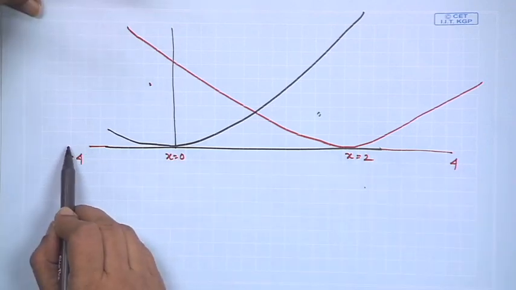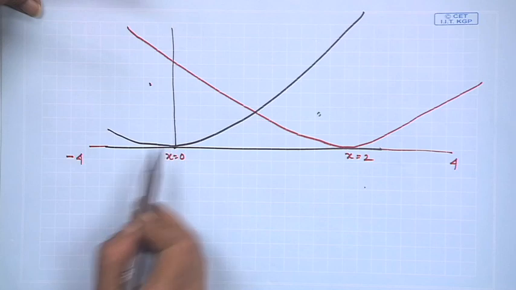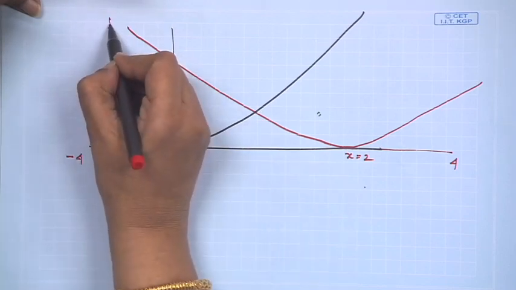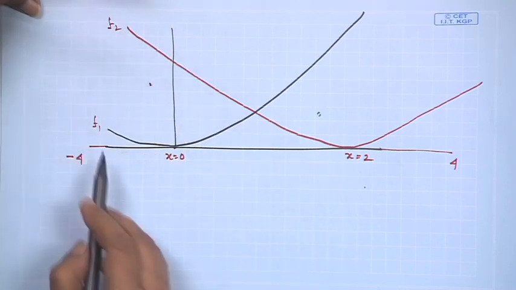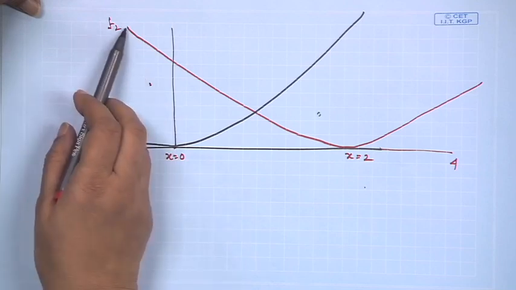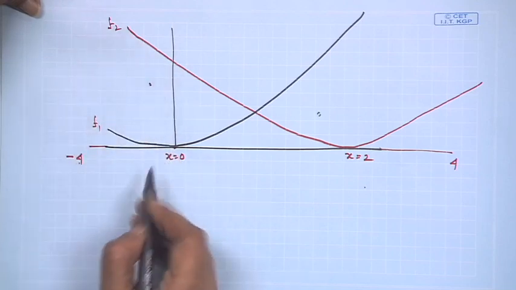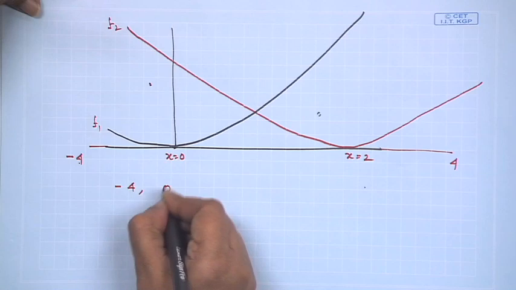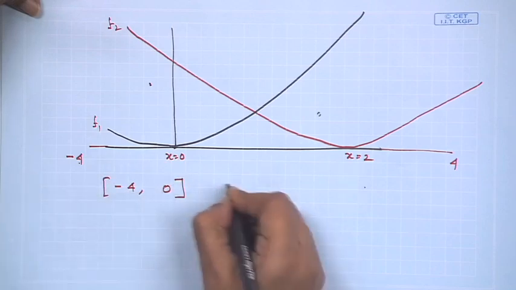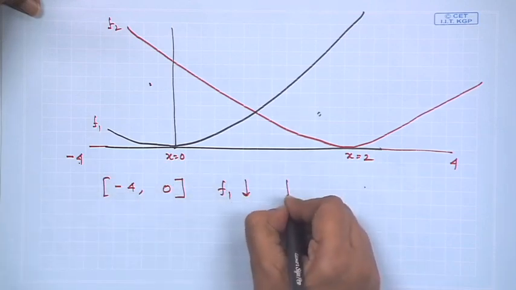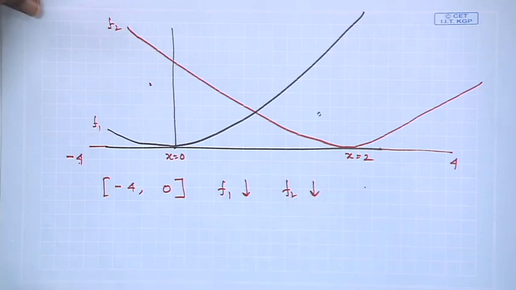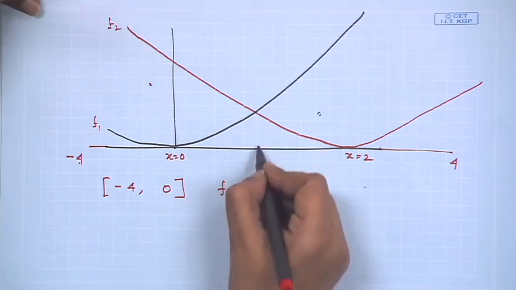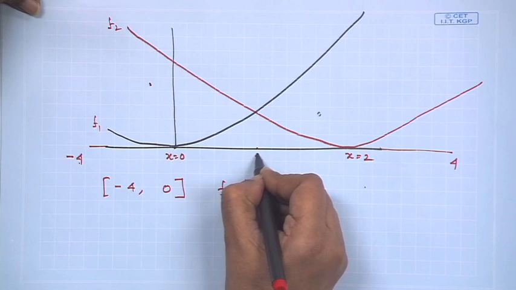Let me just move through the x axis. If I move from minus 4 to 0, what we could see is that this is my f2, this is my f1. f1 is decreasing as well as f2 is decreasing from minus 4 to 0. Both f1 and f2 are decreasing, all right. Now, this point is x equal to 1.